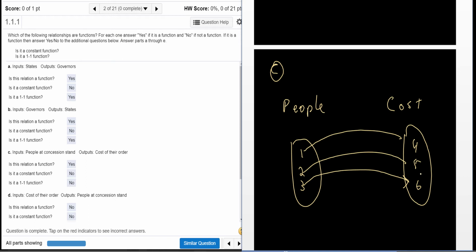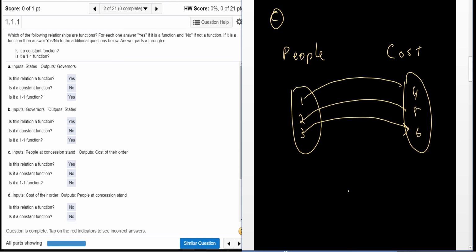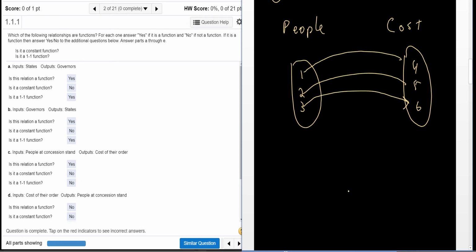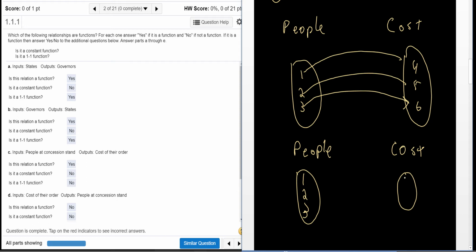Is it a one-to-one function? Now, in this next scenario here, is this a one-to-one function? So look at it from this point here. This person gets something that costs $4, and this person gets something that costs $4, and this person gets something that costs $6.